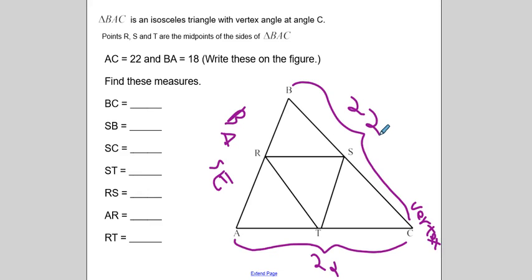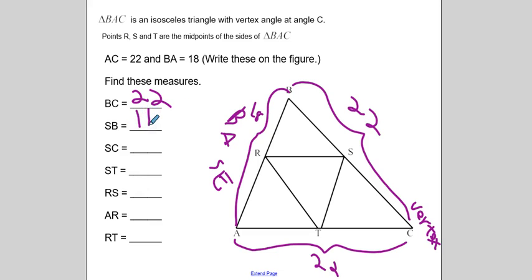Now, BA, that's right here. That's going to be 18. Now we just go and do it. So BC, where's that? BC, we already did that, is 22, because it's the leg. SB, where's that? Well, that's going to be half of 22, which is 11.